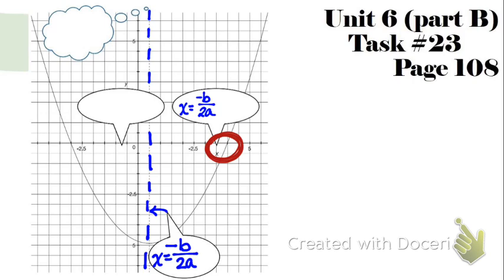And how do we find the one on the right? Would you add or subtract if you wanted to move to the right? You would add plus the square root of b squared minus 4ac all over 2a.